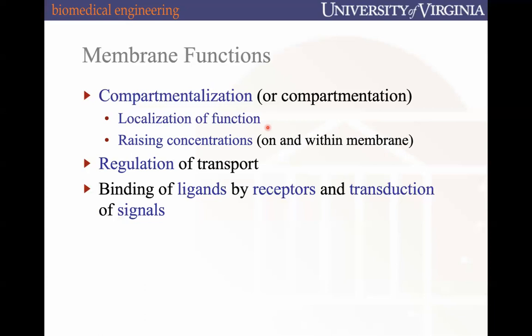So if this is your lipid bilayer, say we have a protein and there's some receptor. So a receptor is any protein that's going to bind a ligand. A ligand can be any molecule that binds to a receptor. It's a little bit of a tautology, but receptors bind ligands, and that is their general definition.